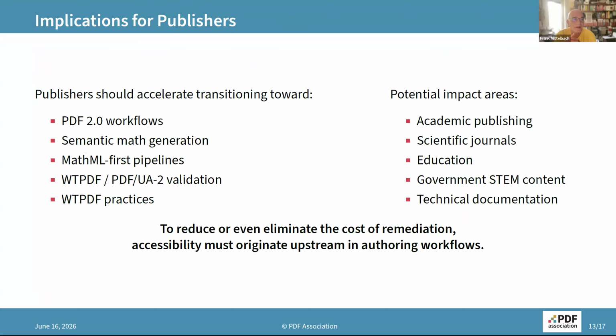Hi. Okay, so we are now coming to the implications for different groups. And upfront, perhaps the biggest group that benefits are the people who are actually in need of AT software support and want to consume STEM documents.